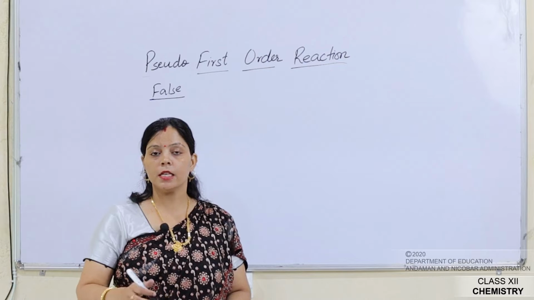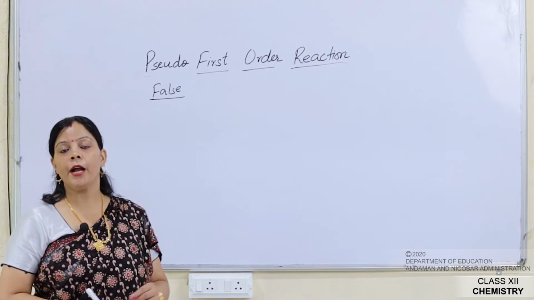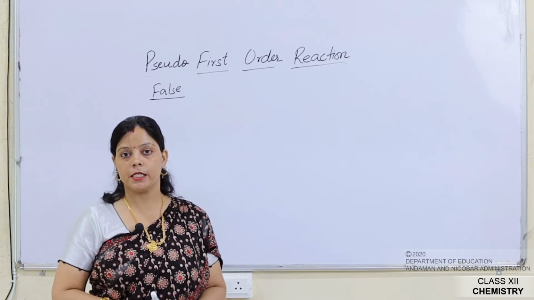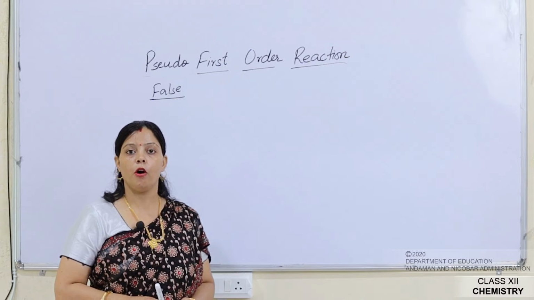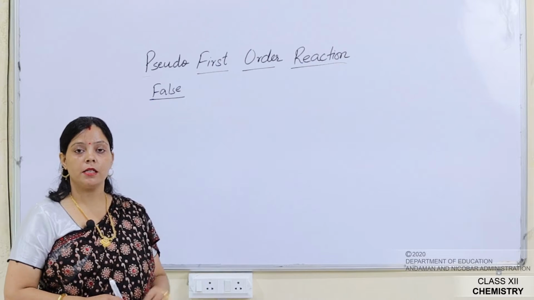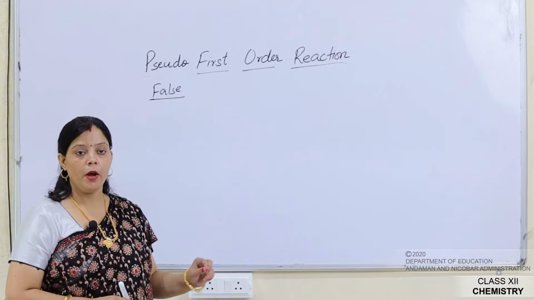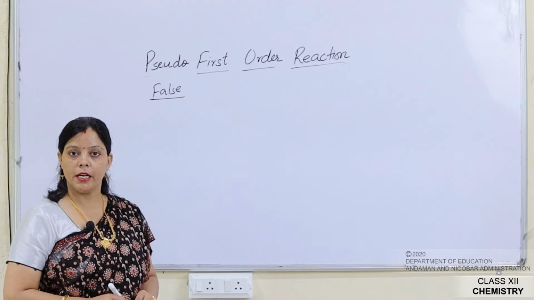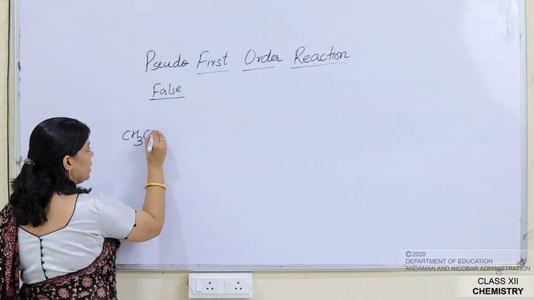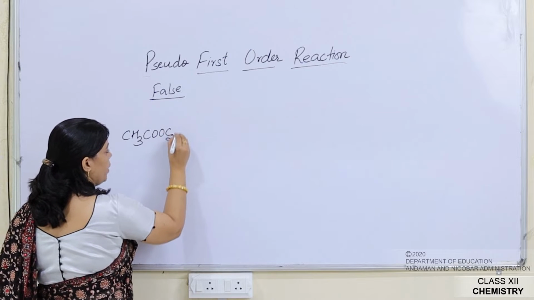order reaction. Just for example, during hydrolysis of 0.01 mole of ethyl acetate with 10 mole of water, the various constituents formed at time t equal to 0, and after the completion of the reaction, are given as follows. That is the ethyl acetate, CH3COOC2H5.